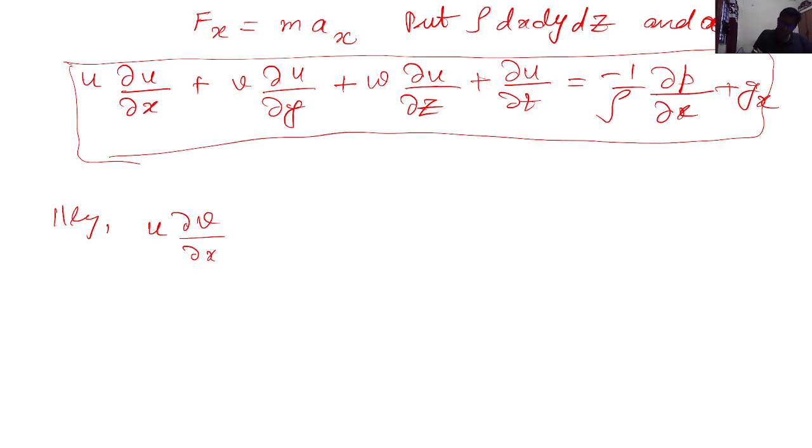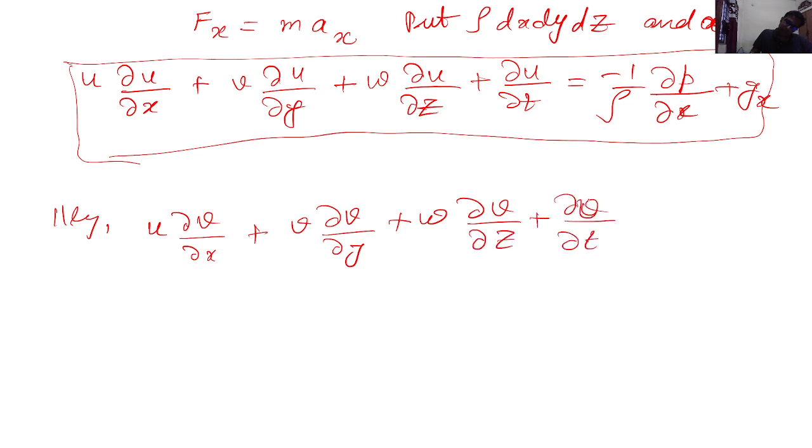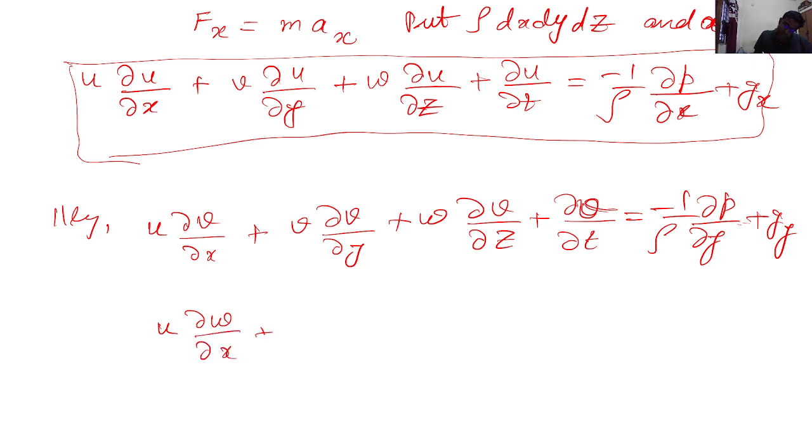Just substitute u, the x component velocity, with v, the y component velocity, to get the y direction Euler's expression, plus v times del v by del y plus w times del v by del z plus del v by del t is equal to minus 1 by rho del p by del y, because it's of y direction, plus gy, that is the body force along the y direction. And similarly we can also write it for the z direction. Just substitute v with w and y with z. So it would look like this.